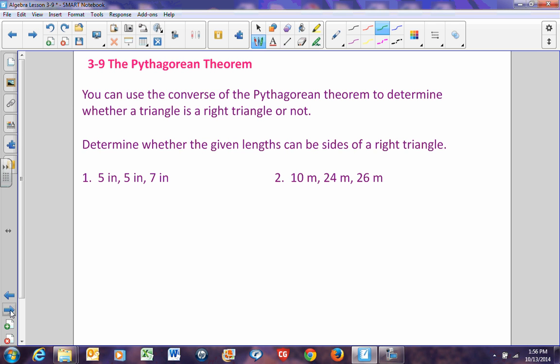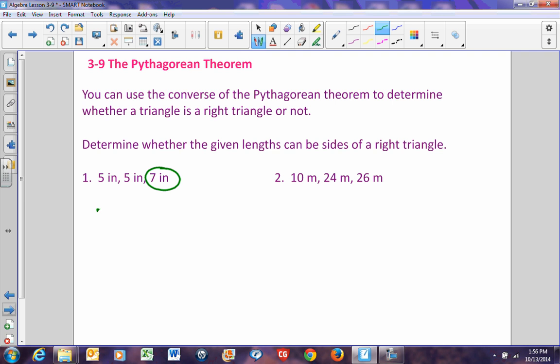These are the given lengths, and we're going to determine if they make a right triangle. In problem 1, we have 5 inches, 5 inches, and 7 inches. All you need to know is which side is the hypotenuse. The other lengths, it doesn't matter which one is A and which one is B. The hypotenuse is always the longest leg because it's opposite the largest angle in a triangle. So 7 inches is my hypotenuse.